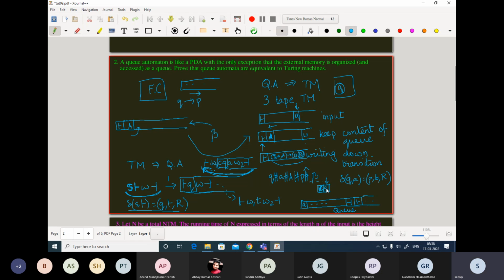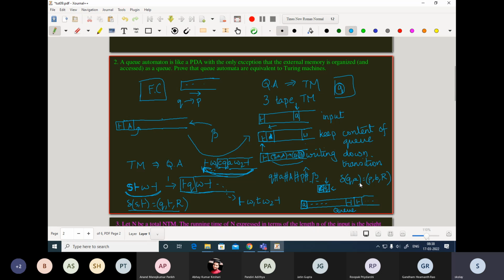I should maintain the invariant that the rightmost element in the small space which I'm remembering in my finite control will be the current state, and the leftmost element on my Q should be the current alphabet that my tape head in the corresponding Turing machine is reading.